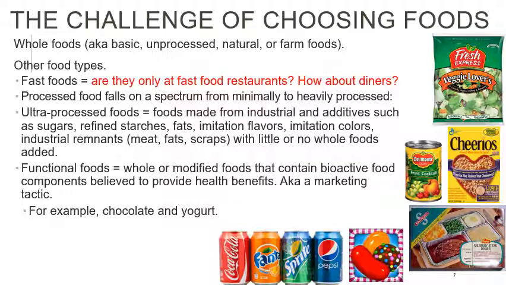Functional foods. Whole or modified foods that contain bioactive food components believed to provide health benefits, also known as a marketing tactic. For example, chocolate and yogurt are known for being functional foods. They're good for you. Like yogurt, they have bacteria, probiotics to help you. Good bacteria in there.